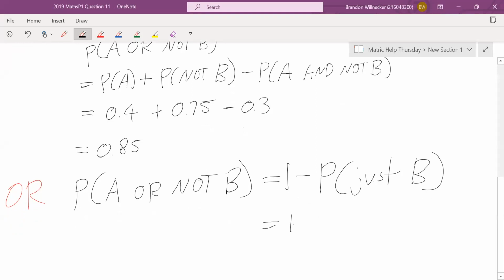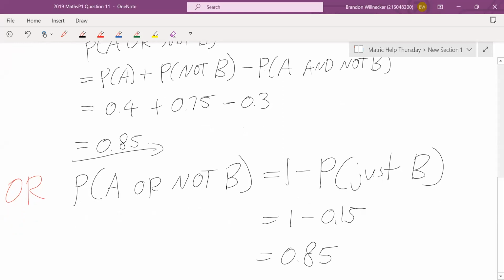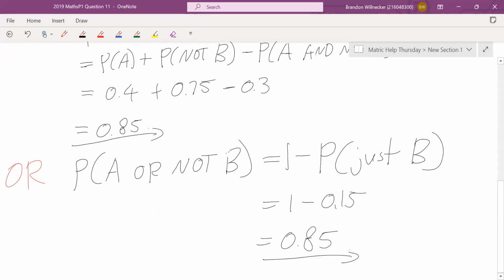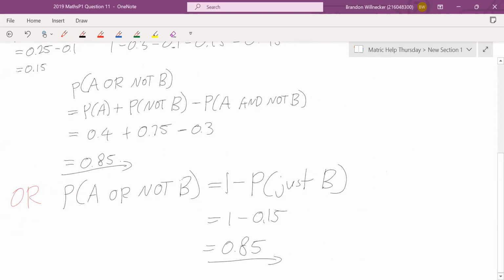So this is going to be 1 minus 0.15, and we get 0.85. Same probability, a whole lot easier. But it's the same idea in both cases.